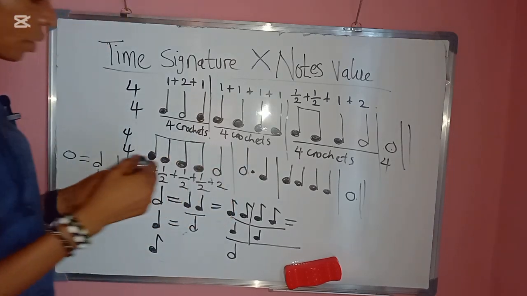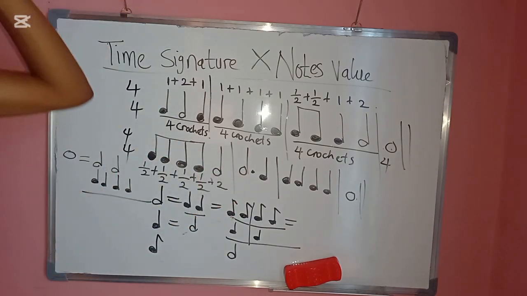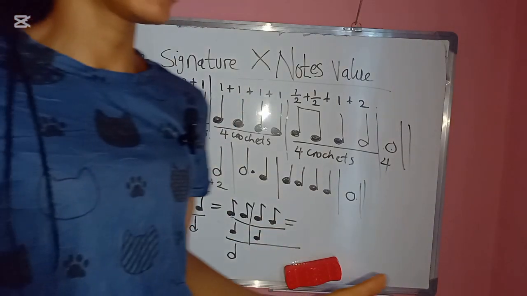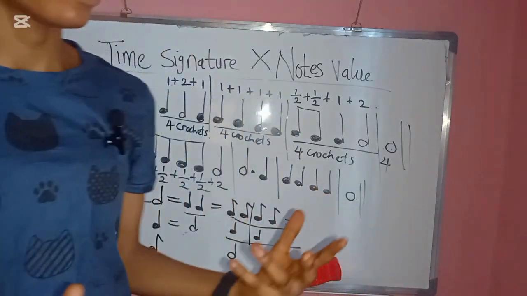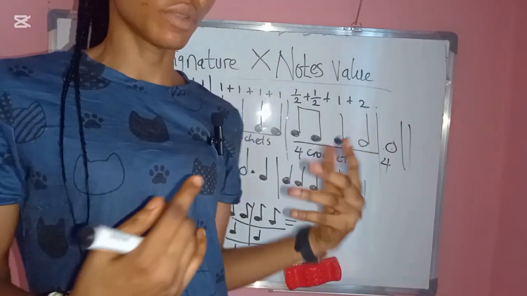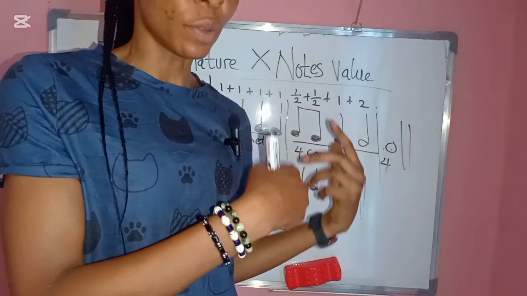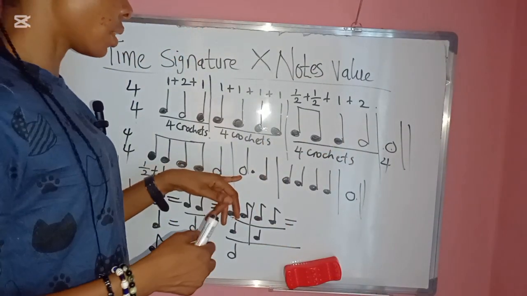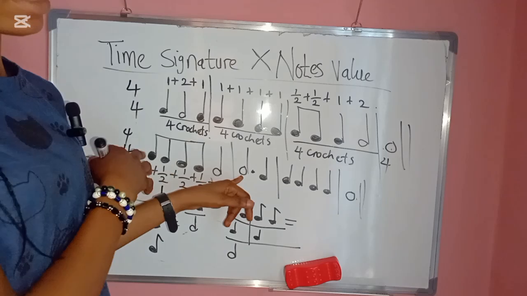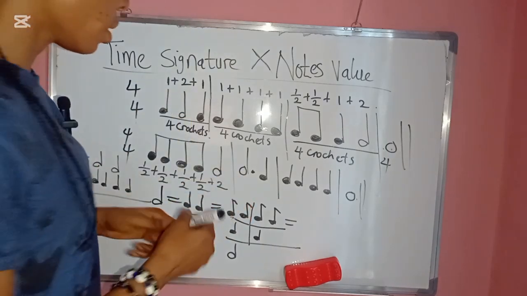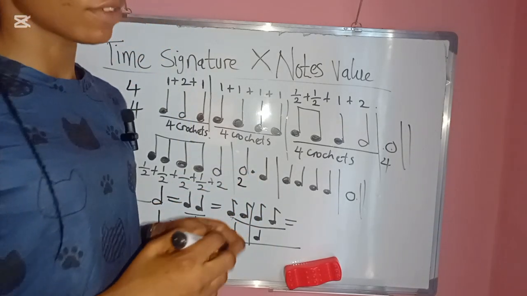Okay, here we can see that we use a dotted minim. And what's the meaning of a dotted note? If you see a note being dotted, the dot means half the value of the original. For instance, here you see that minim in crochets in this time signature is 2. So if minim is 2, what is half of 2?